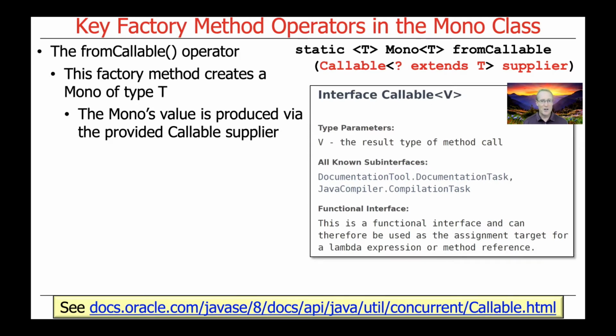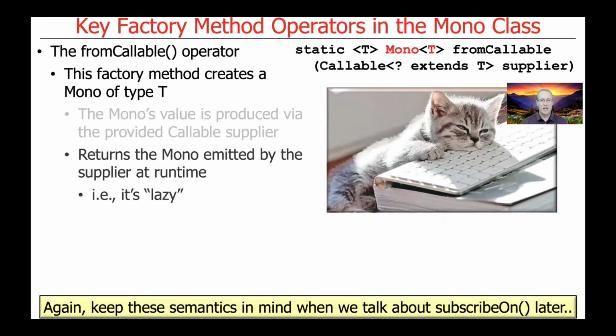And this is actually used very extensively in the Java Executor framework for things like submitting two-way asynchronous calls. In this particular case, what it's used for is to generate a value, and then it will return the Mono that's emitted by the supplier at runtime. And therefore, it's lazy, whereas just was eager. So just is eager, fromCallable is lazy. And we'll talk a bit more about what that means in just a minute.